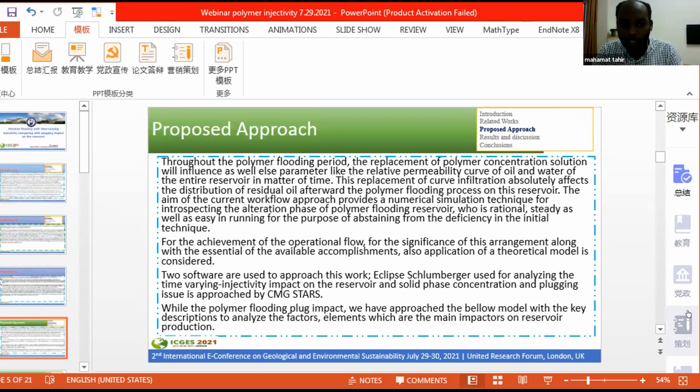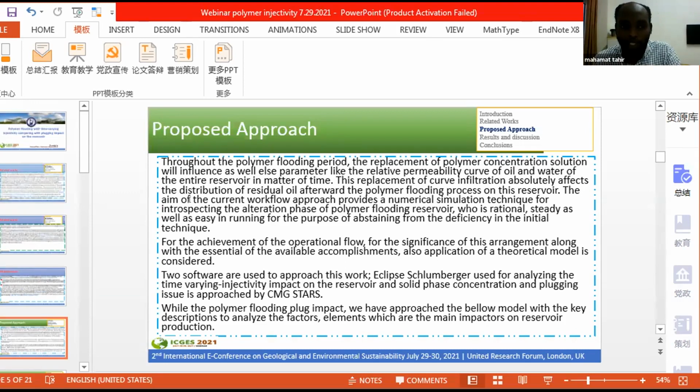As we know, it has an influence on the permeability curve, and as soon as possible I will be displaying some figures here so that could help you have a clear understanding. The curve infiltration during the polymer injection concentration could have direct effects on the distribution of residual oil in the polymer flooding process on the reservoir.